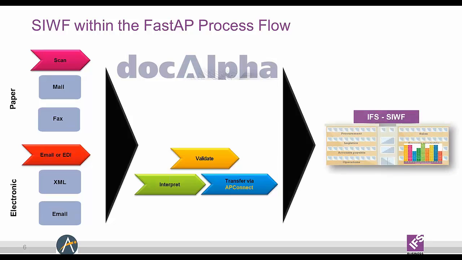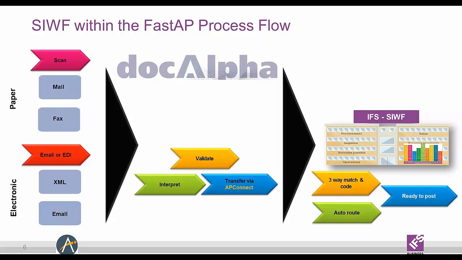And then, as Jackie's shown you within IFS, if it's a PO-based invoice, IFS is automatically going to do the three-way matching and coding, and if there's a discrepancy that exceeds any tolerance level that you've set, it's going to be routed automatically to the approval hierarchy.